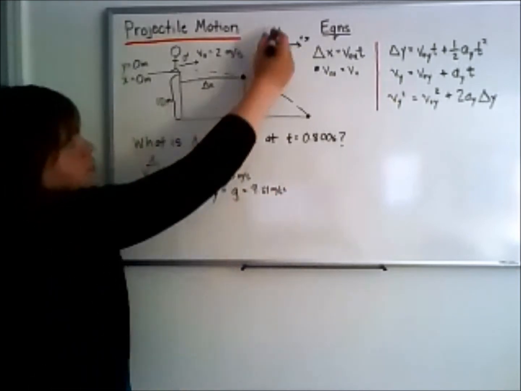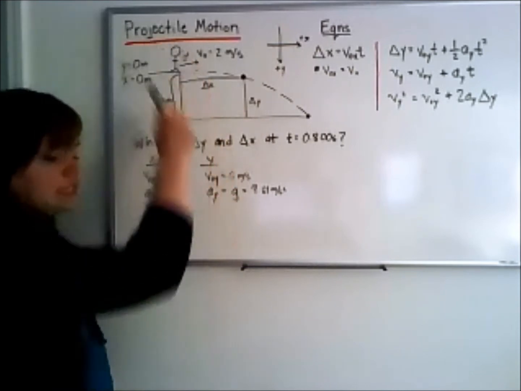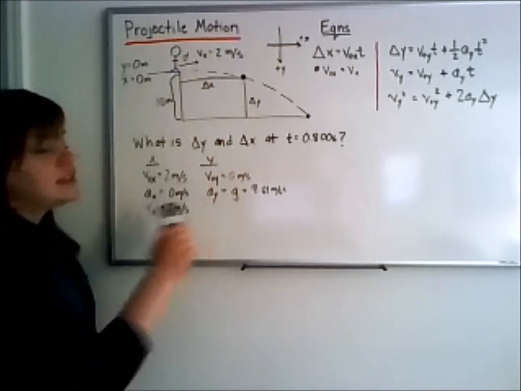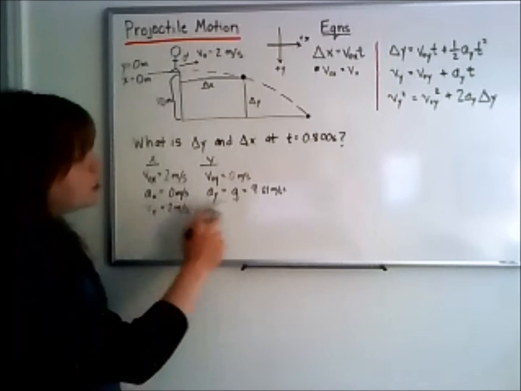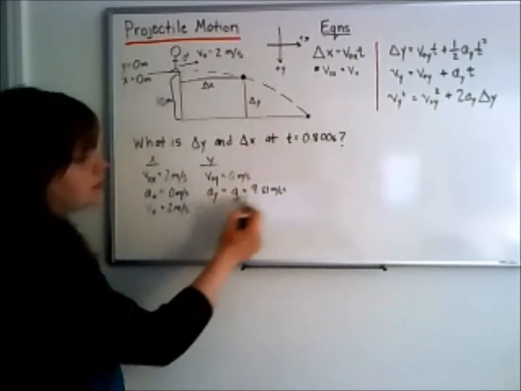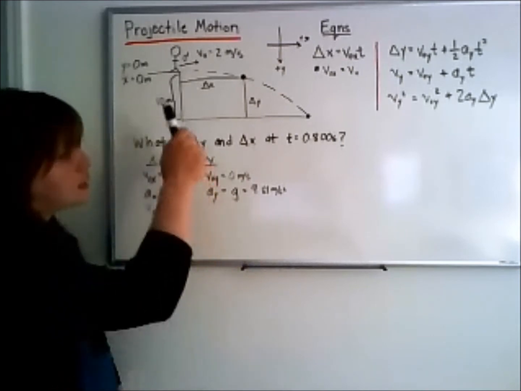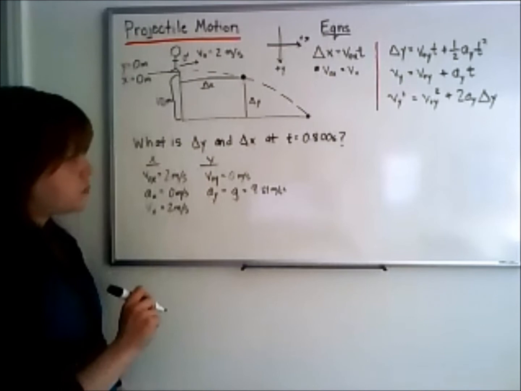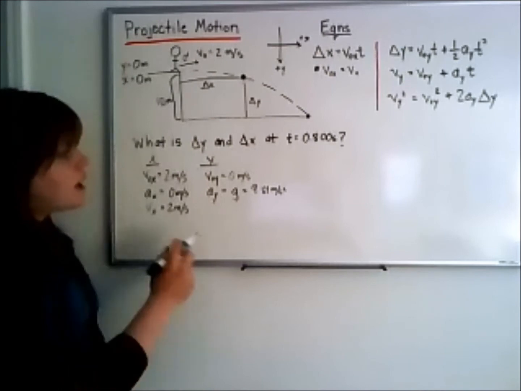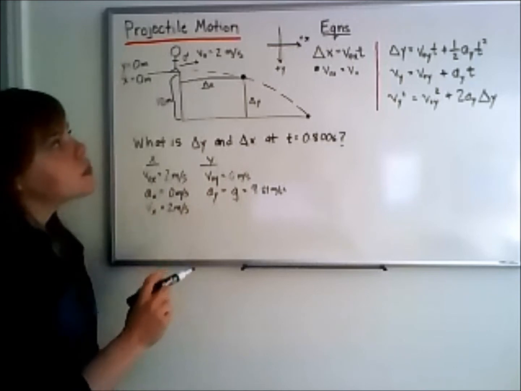If we were to choose positive y to be up, the acceleration is downwards, so in that case it would be negative. But here, because we chose positive y to be downwards, we can take the acceleration in the y direction to be positive, because the acceleration is in the positive direction. So now that we have all this initial information, we're ready to go and choose our equations.